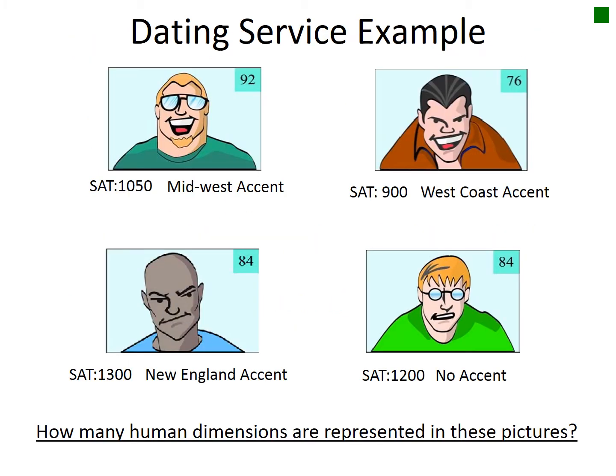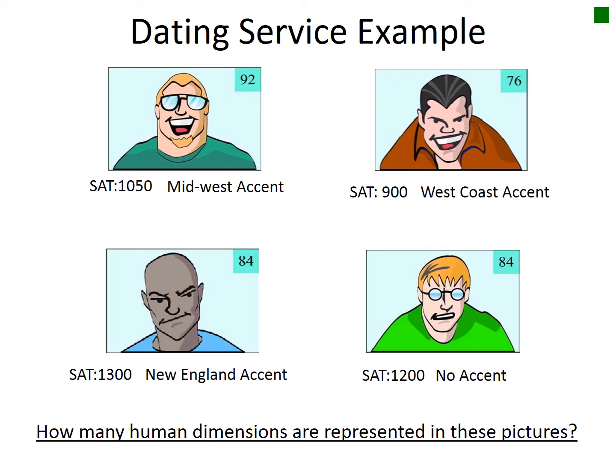Here's another example. This is a dating service example, and there are 4 images with some different varying information about the people in each one of these images. So the question is, how many different human dimensions are represented in this picture?